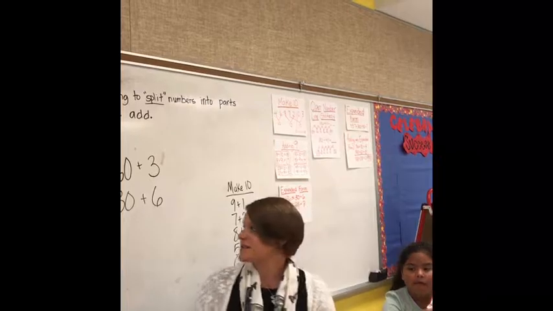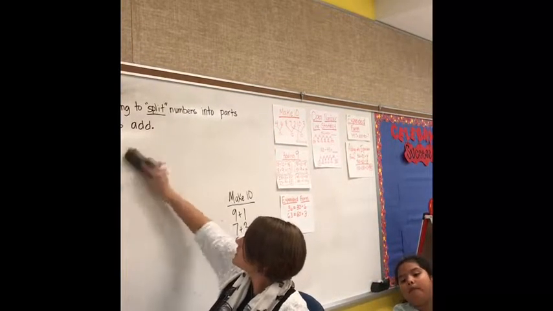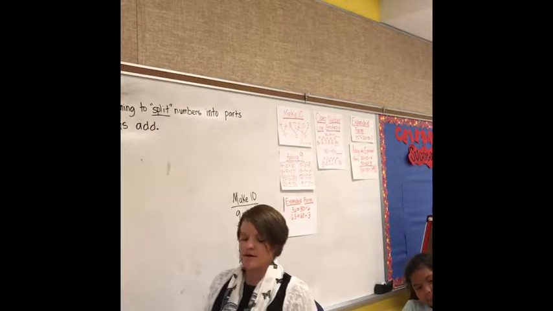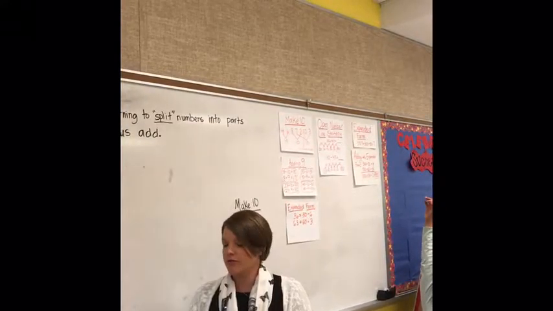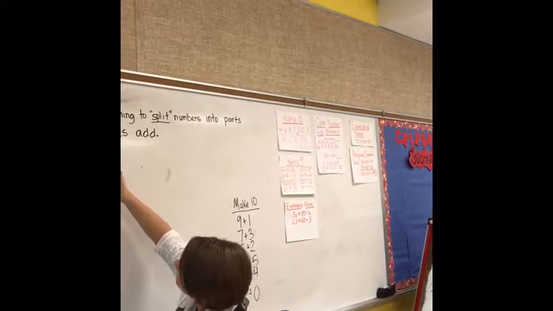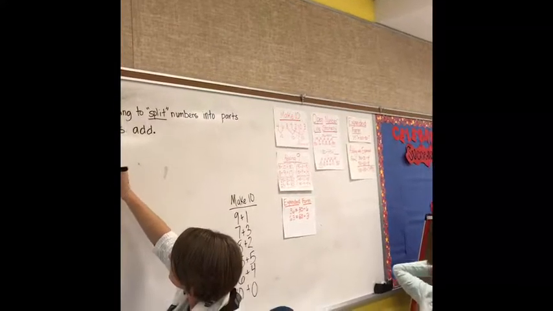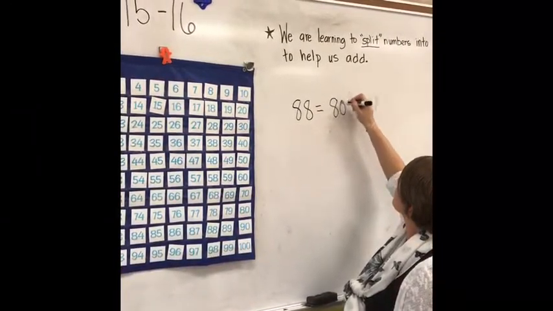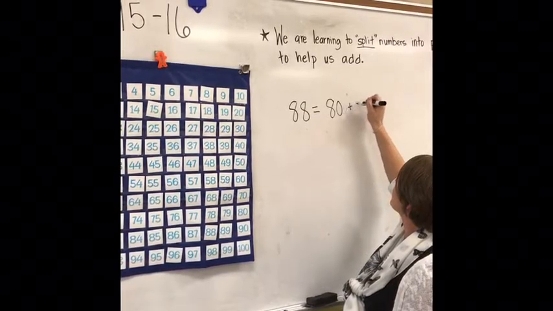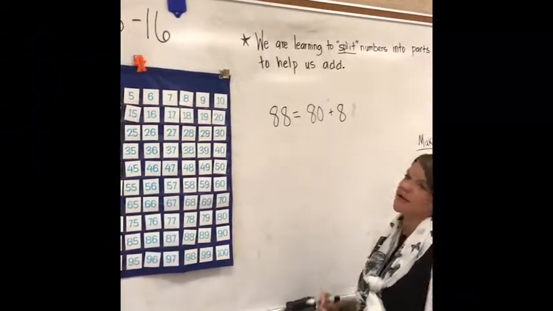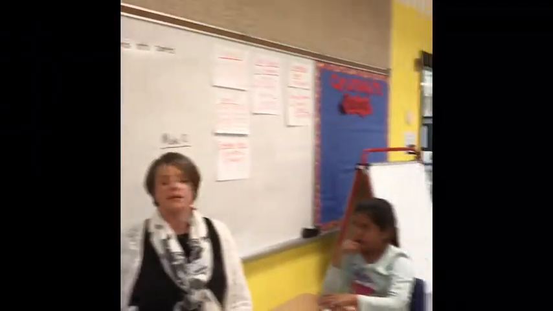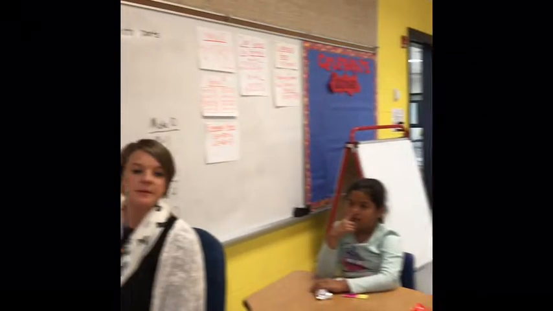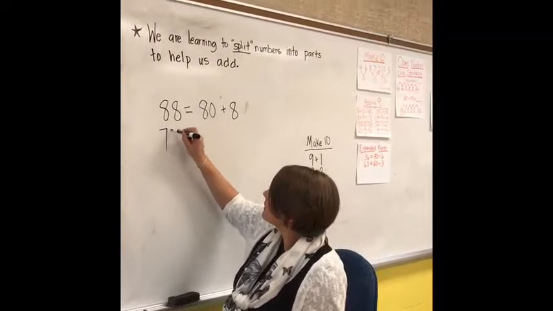All right, let's talk about each one of yours and see if you are correct. Rylan, do you want to go first? What's your number? 88. Okay, 88 equals what? 80 plus 8. Finger on your nose if you agree. Good. All right, Daniel, what's yours? 74.